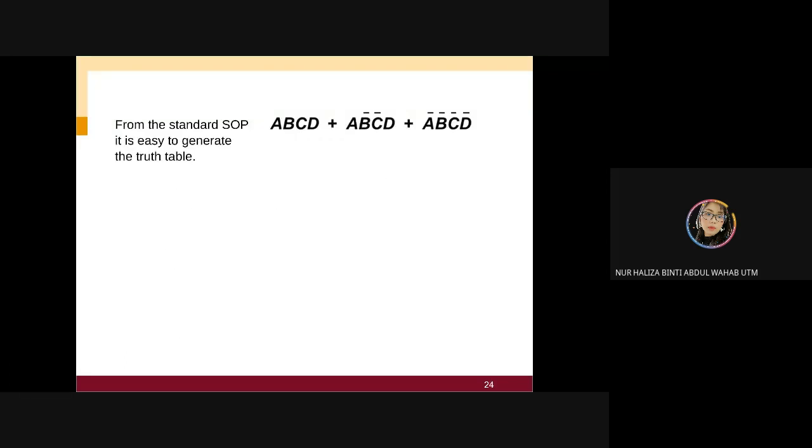So from the SOP, generate the truth table. It's very easy. You just look, you can just see this. Oh, I will get 1, 1, 1, 1, output 1. So my truth table, 1, 1, 1, 1, I get 1. A, B, C, D, F. And at my 1, 0, 0, 1, I get 1.